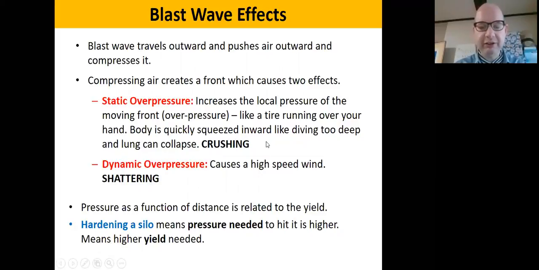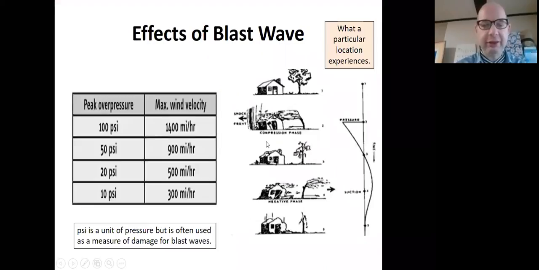Now this wind is higher than anything. We're talking about very, very high winds, like 900 miles per hour, way higher than any hurricane.